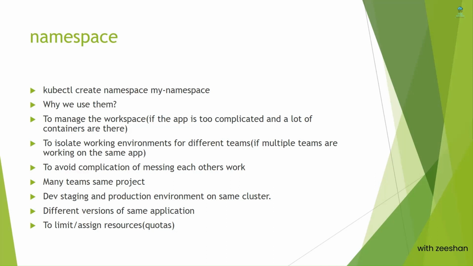So we can use limits on a namespace, saying okay, you can have 2 GB of RAM, you can have a maximum of 2 gigahertz, or you can request 2 CPUs. So we can have so many scenarios with namespaces, so we should have an idea of what a namespace is.